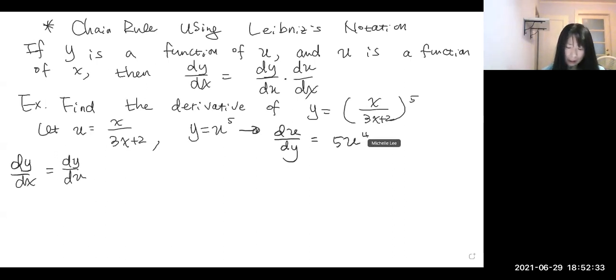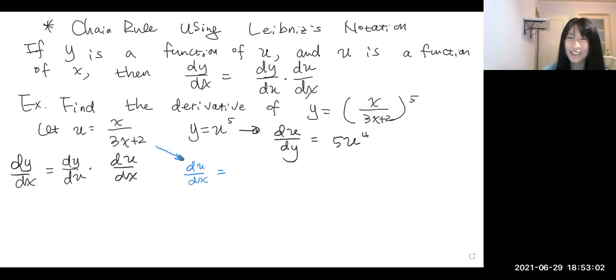Good. Now we need du over dx. We're looking at this one, and we take the derivative with respect to x. So what do you get? This is a little bit complicated.